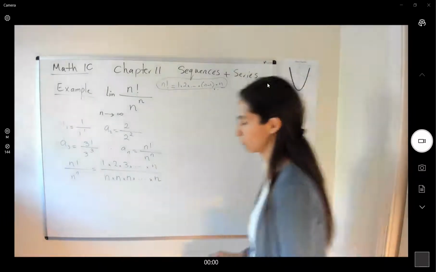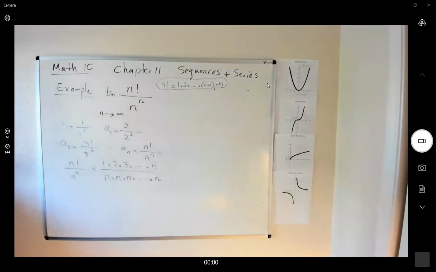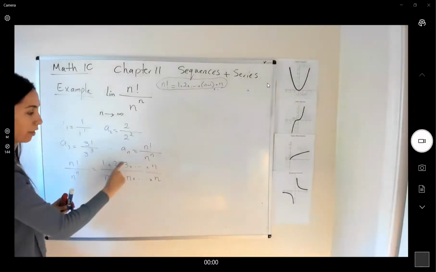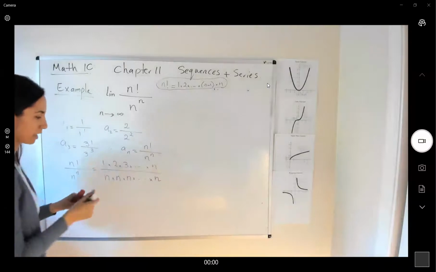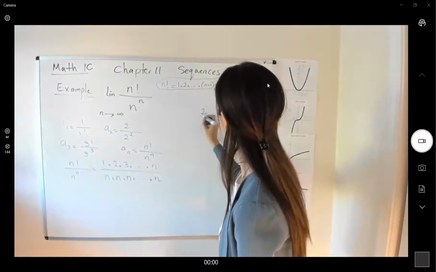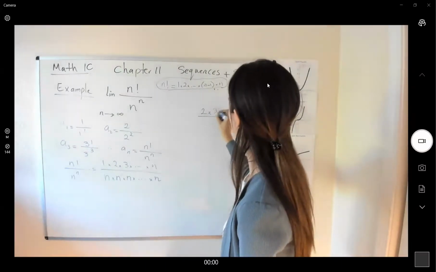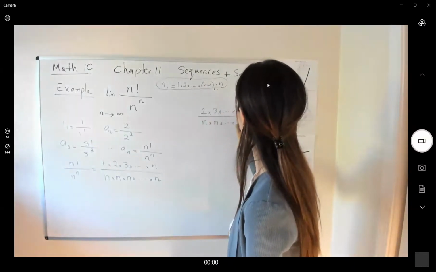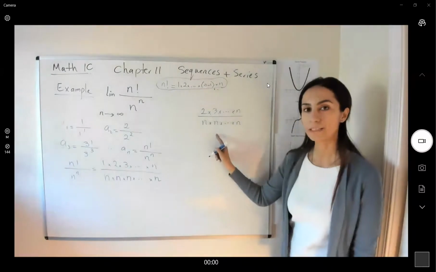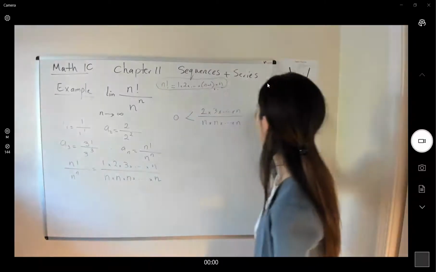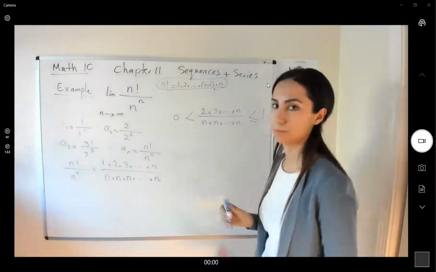Okay, so take a look at this. 2 over n, 3 over n, n over n. So consider this expression: 2 over n times 3 over n, and so on, times n over n. This expression is always between 0 and 1.